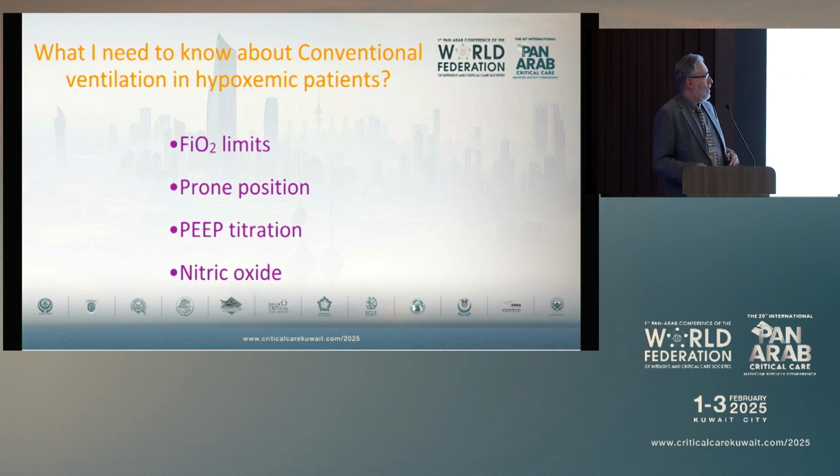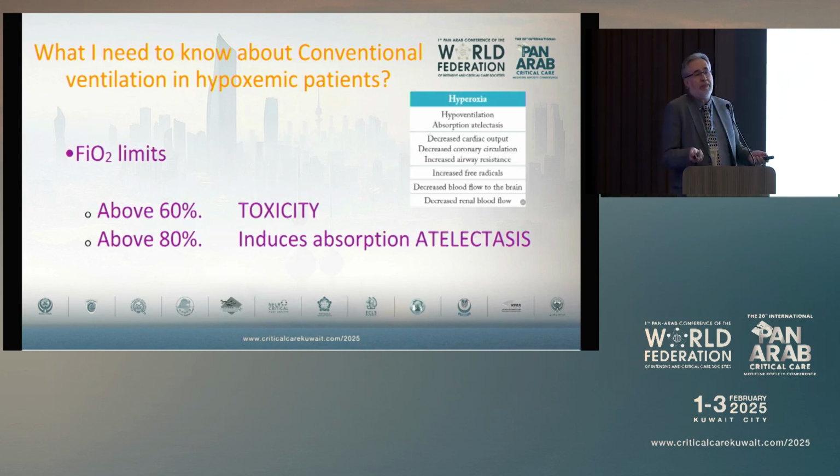So what do we need to know about how to manage conventional ventilation? We know about the FiO2 limits. That's pretty clear for all of you: above 60% there is toxicity. I'm not sure everybody is so aware that above 80% you are inducing absorption atelectasis. And then what happens? At the end of the night shift, you have a better PaO2/FiO2 ratio, and you say, okay, I improved the ratio.